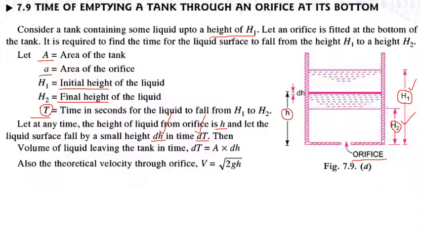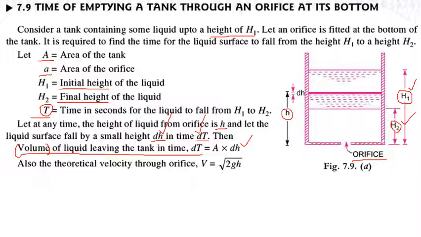The volume of liquid leaving the tank in time dt is A into dh. We consider that area into depth of fall gives you the volume. So area A into the depth dh by which the liquid surface falls will give you the volume.